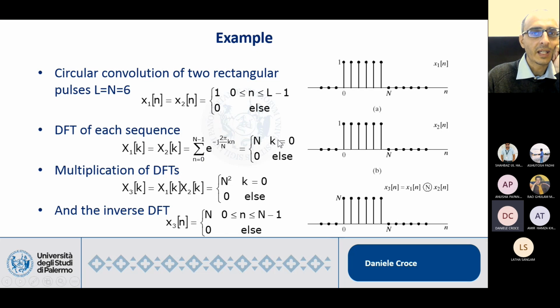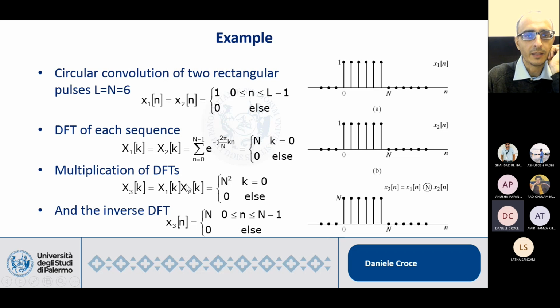Otherwise, if k is different than 0, this will be 0. If you don't believe me, you can do the geometric progression and do the computation yourself. But it's the summation of the roots of unity, as we have seen before, and the summation is 0. The result is 0.